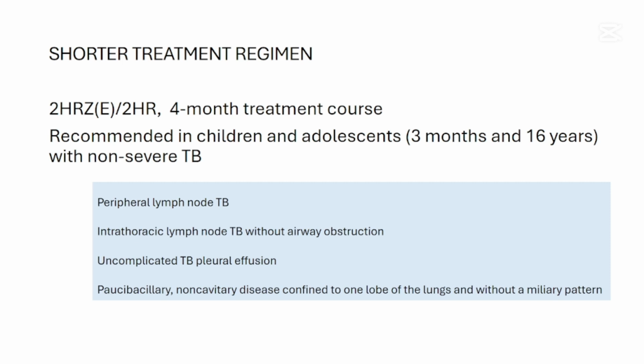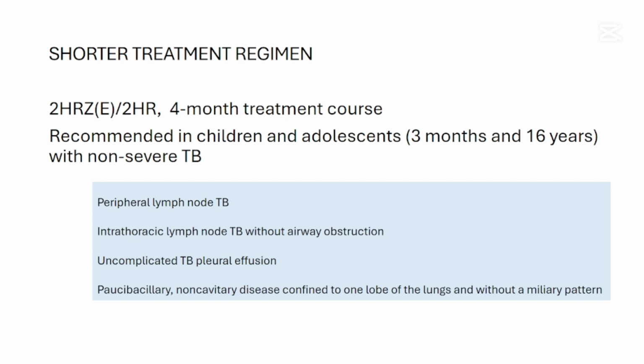And another important thing I have to introduce, WHO has recently introduced a shorter treatment regimen. That means a 4-month treatment regimen, and it is validated for pediatrics also. So we can use a shorter treatment regimen, which will be introduced into the pediatric guidelines within the next few years inside Sri Lanka also.